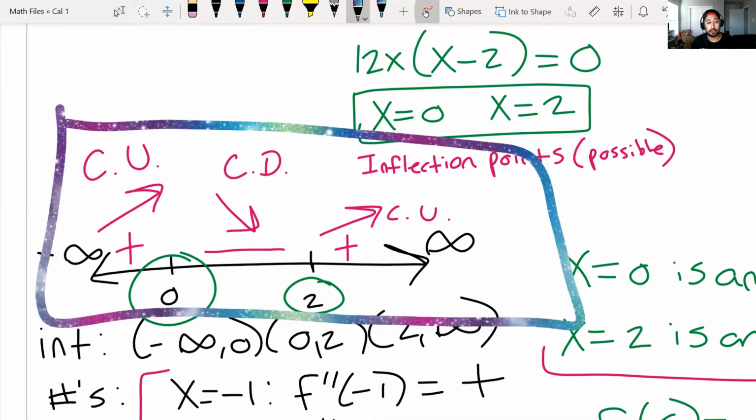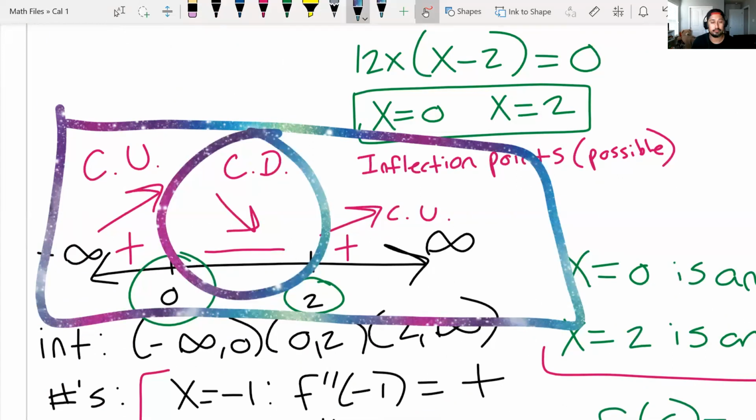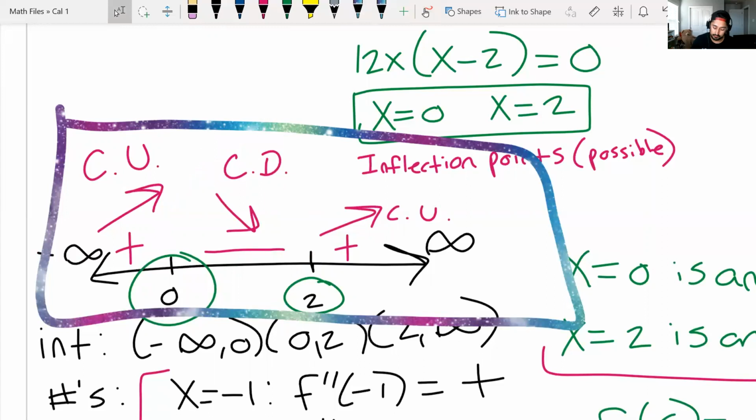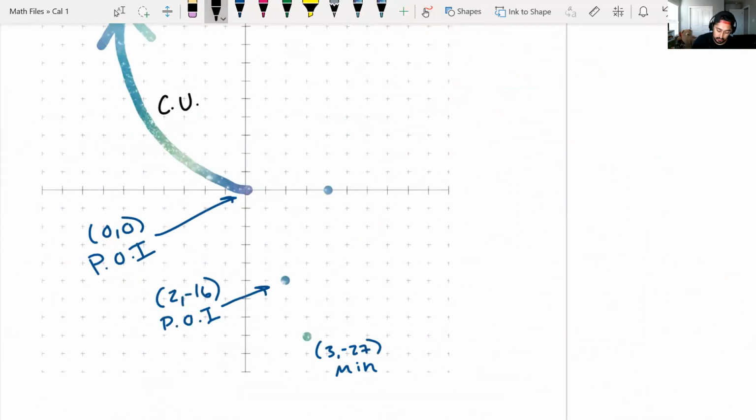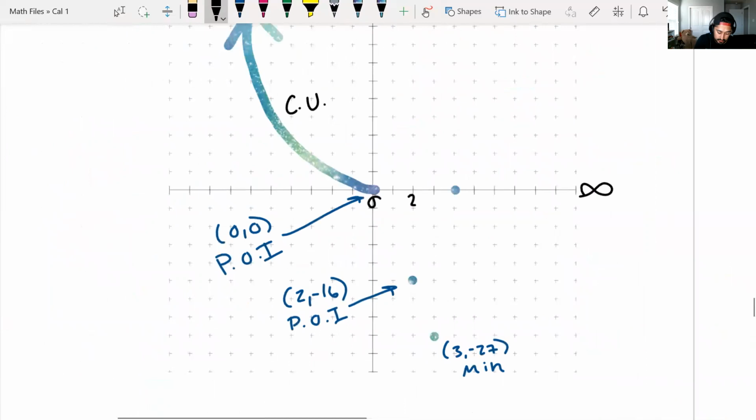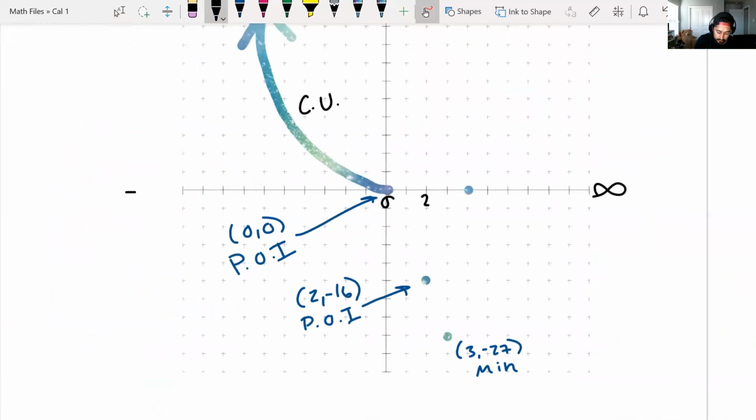From 0 to 2, we are concave down. So here is 2, right? There's 0, there's 2, there's infinity, there's negative infinity.